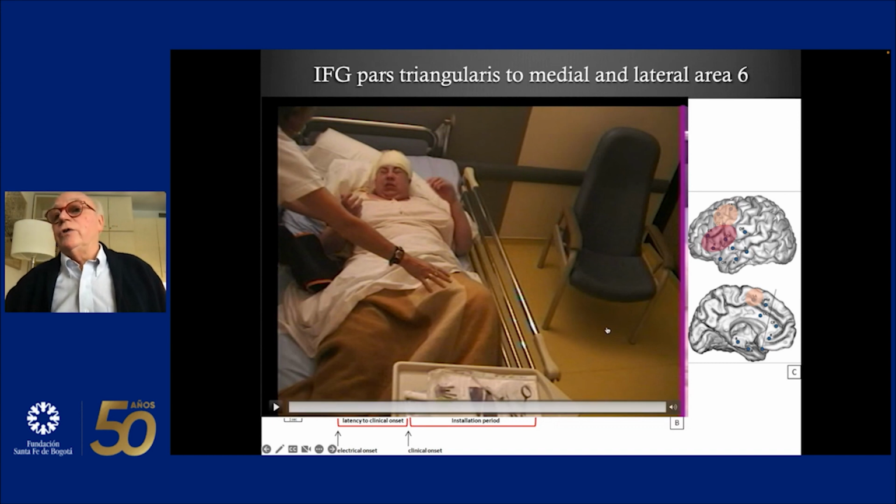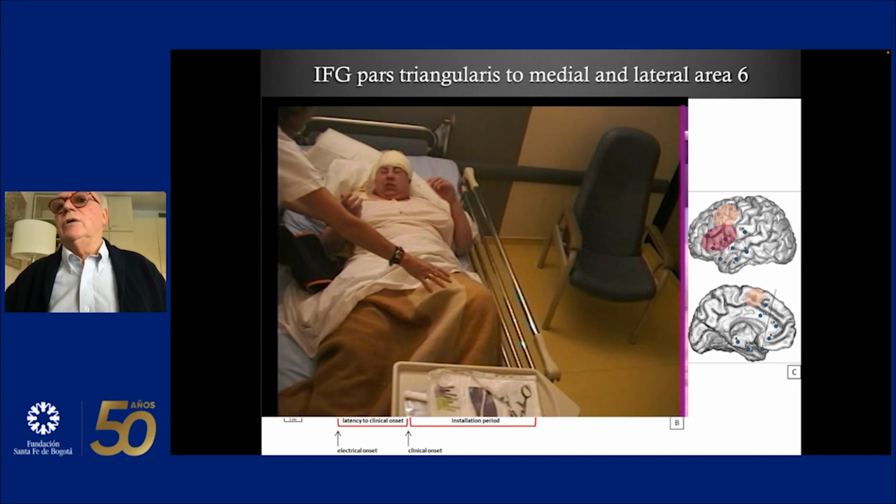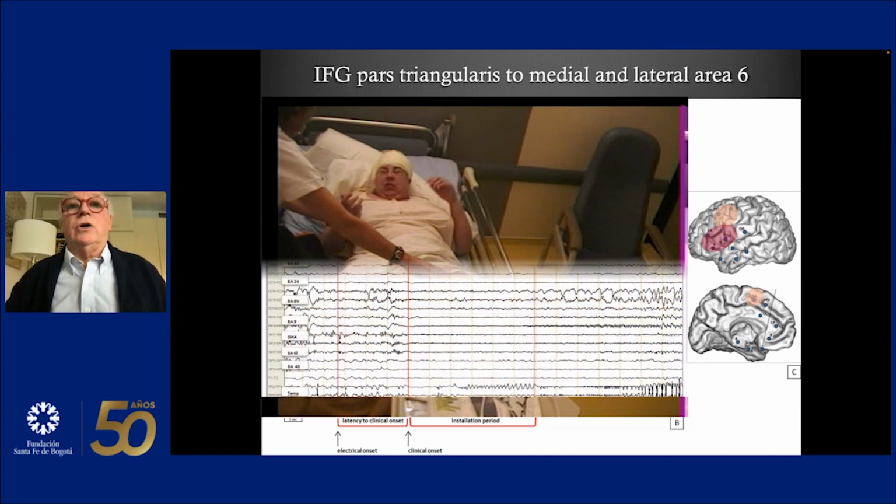So you see on the right part of the slide, the red part is where the onset is, in the pars triangularis of the inferior frontal gyrus, with the propagation to the lateral premotor and medial premotor cortex.